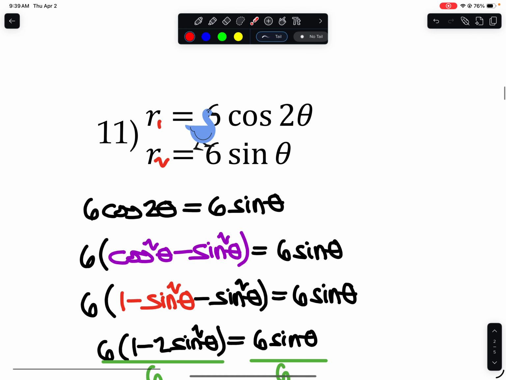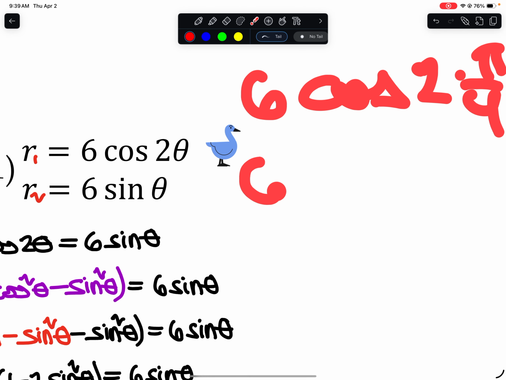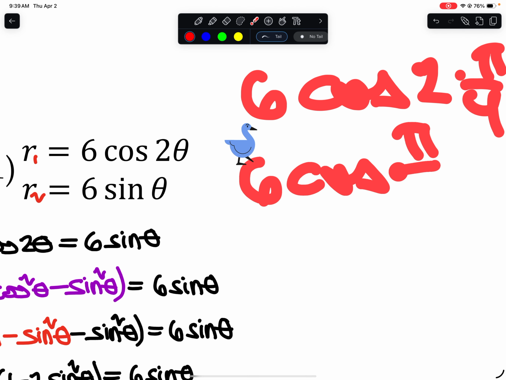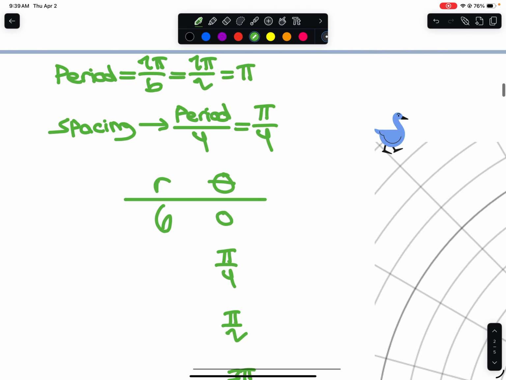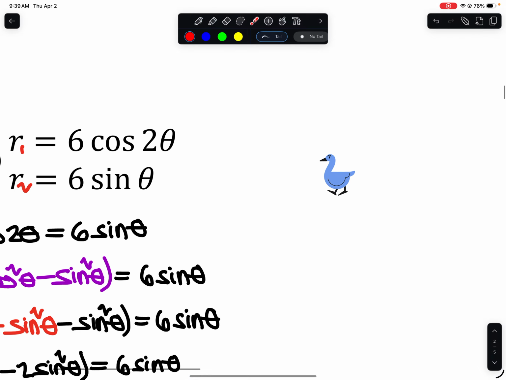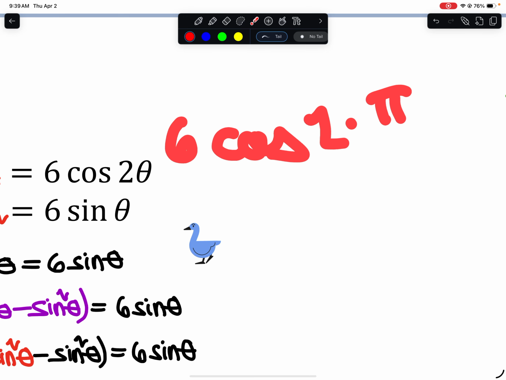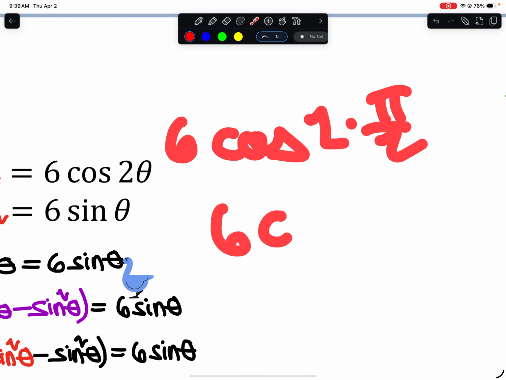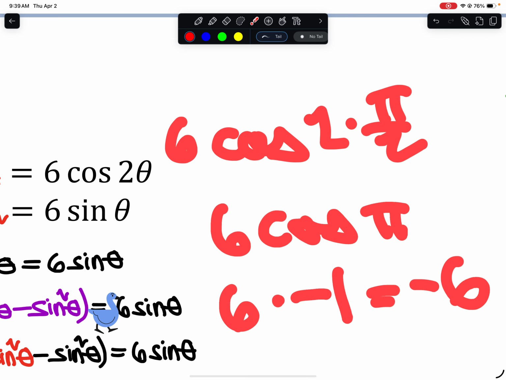Okay, and then when I plug in pi over 4, this is going to be 6 cosine of 2 times pi over 4, which is going to be 6 cosine pi over 2, which is 6 times 0, which is 0. Okay, and then when I do pi over 2, so once again, 6 cosine 2 times pi over 2, so that's going to be 6 cosine pi, which is 6 times -1, which is -6.